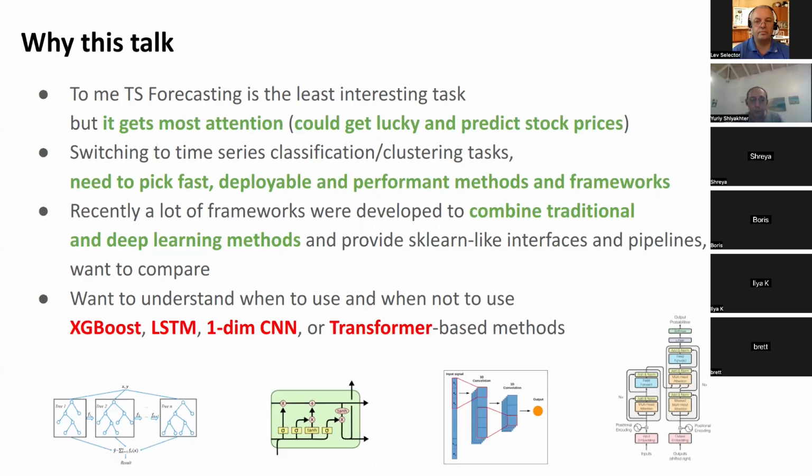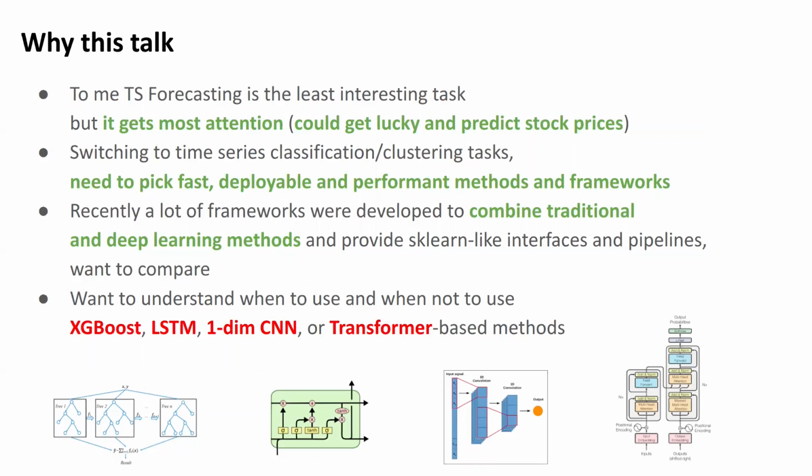And the other goal for what I'm trying to do is to understand when to use time series methods and when not to use them. Because if you've seen from the previous talks, in a lot of cases you want to use a pure machine learning method like XGBoost, and it actually gives you very good performance, sometimes better.